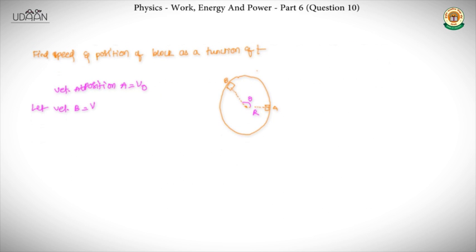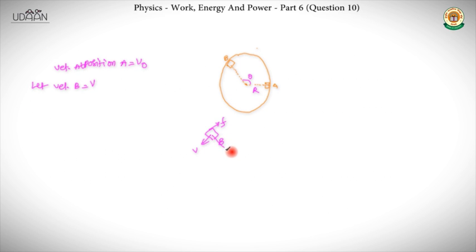Now let us consider the free body diagram of the body at position B. There is a coefficient of friction between the block and the circumference of the ring. As the instantaneous velocity is in this direction at position B, the friction force will be in the opposite direction, and the normal reaction will be perpendicular to the instantaneous velocity.